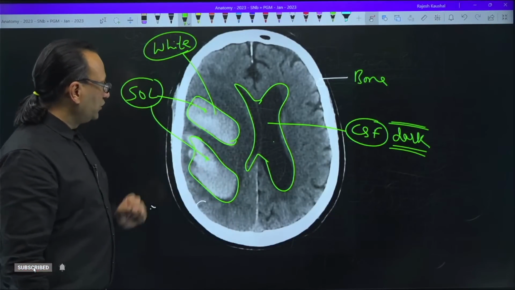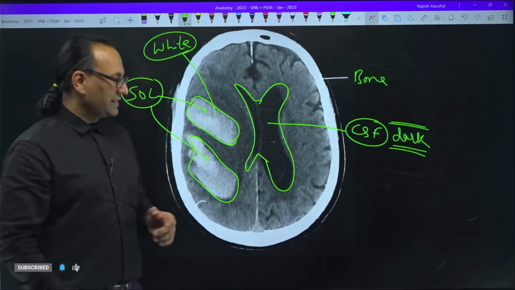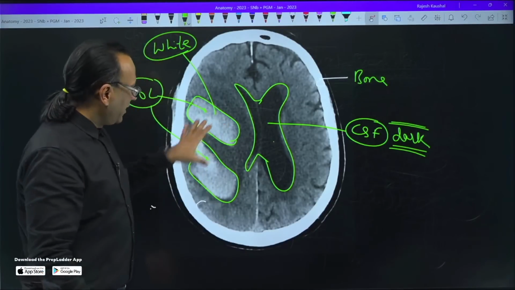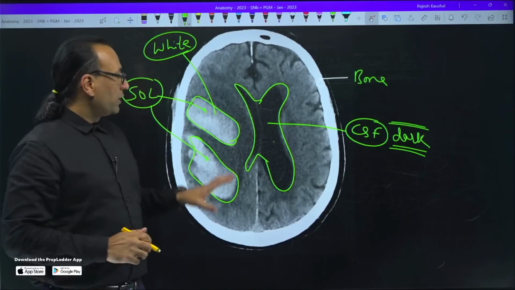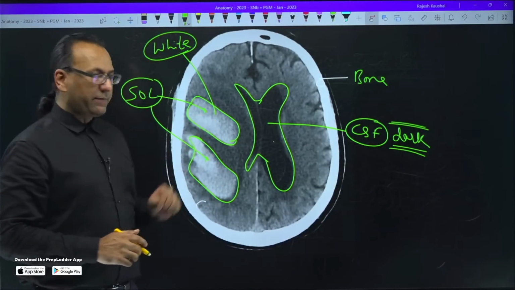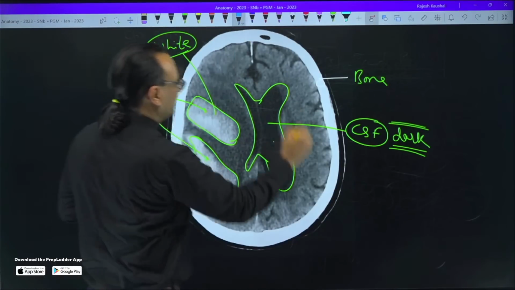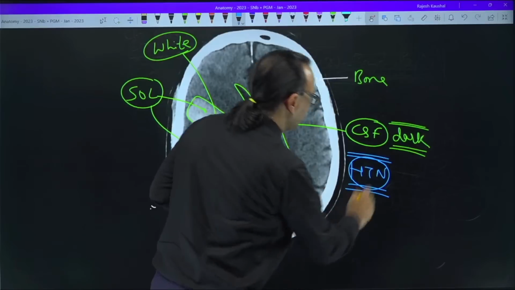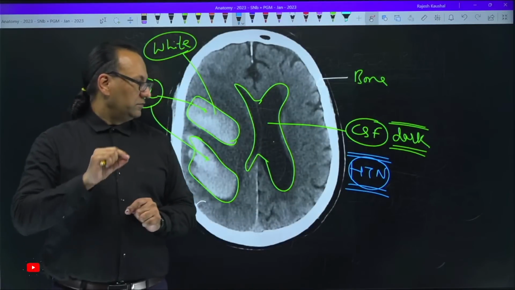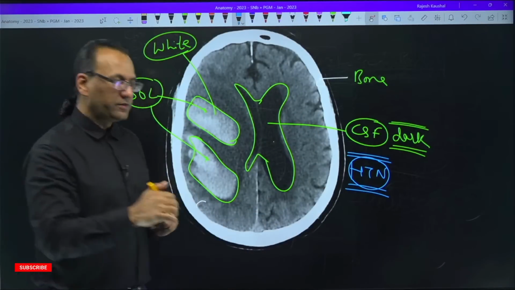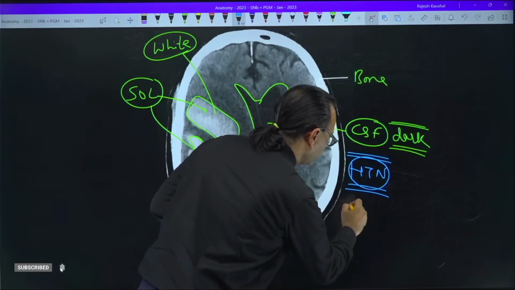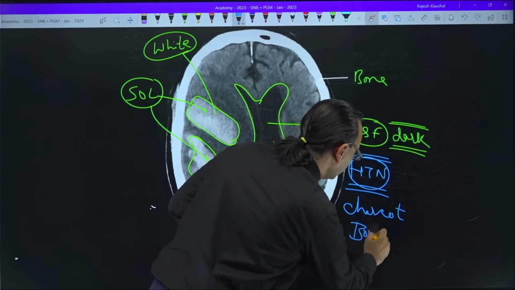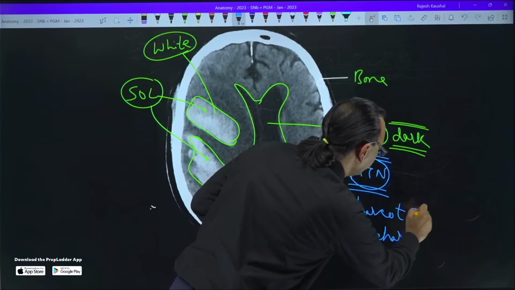Now my question to you is, when there is intracerebral bleed or intraparenchymal bleed, it can happen in hypertensive patients. In hypertensive patients, there was a question asked, mostly they are Charcot-Bouchard aneurysms which are bleeding.